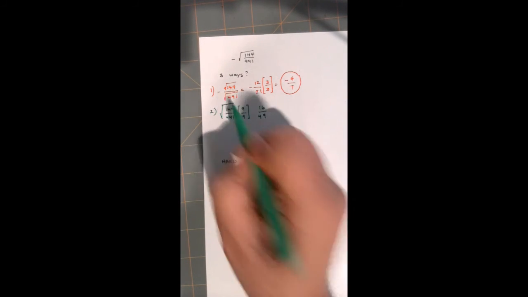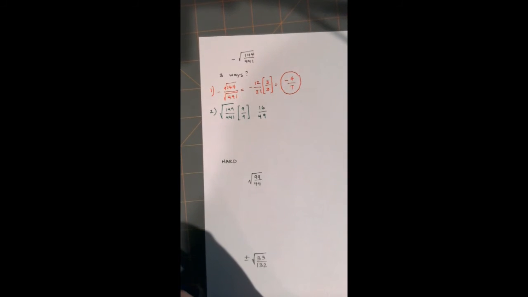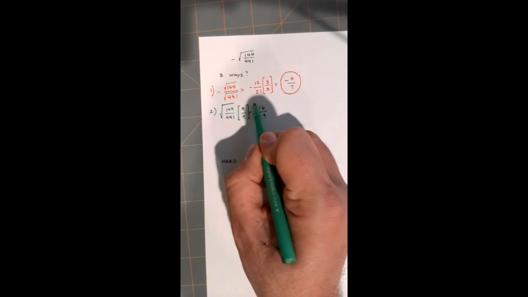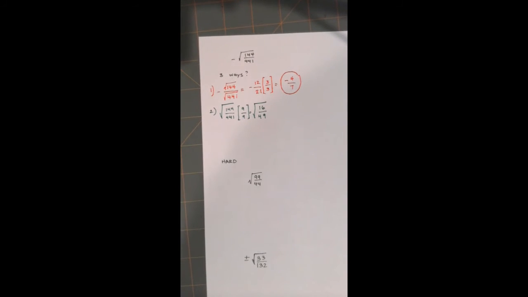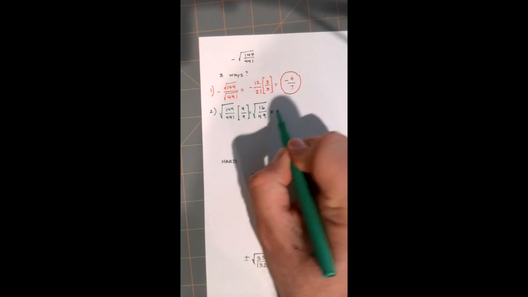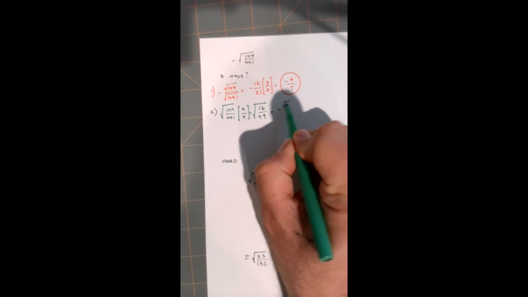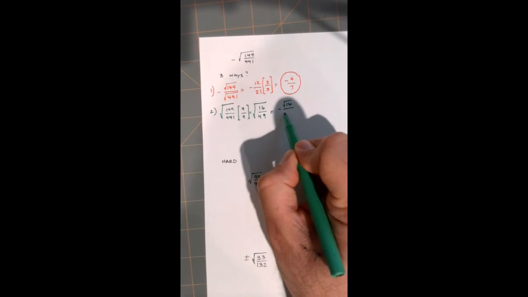So if I ask you for the root of 144 over 441, I can just reduce it, and it's going to be equal to the root of 16 over 49. Okay? So my answer here is negative root 16 over root 49.